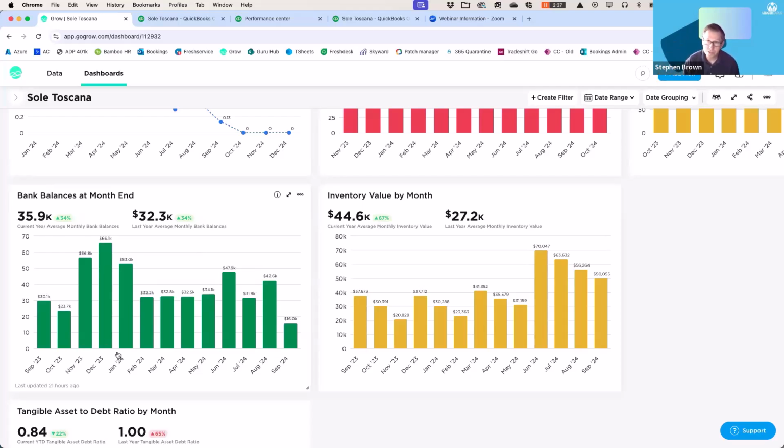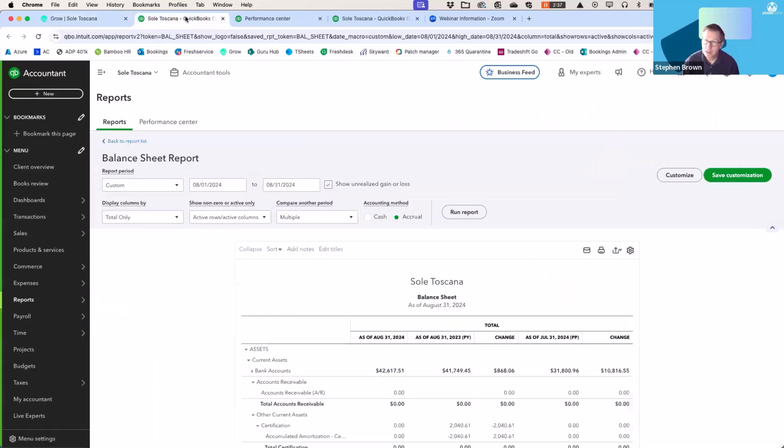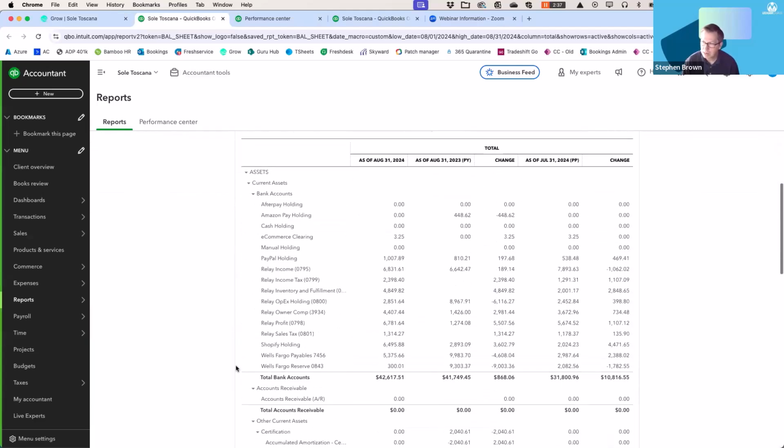So I prefer visualizing all financial data, but I still use the reports. If I want to drill into a report and understand what's going on, I can see my total bank balance, but if I want to see where my cash is, do I have any cash in holding accounts? Is it building up in holding accounts?